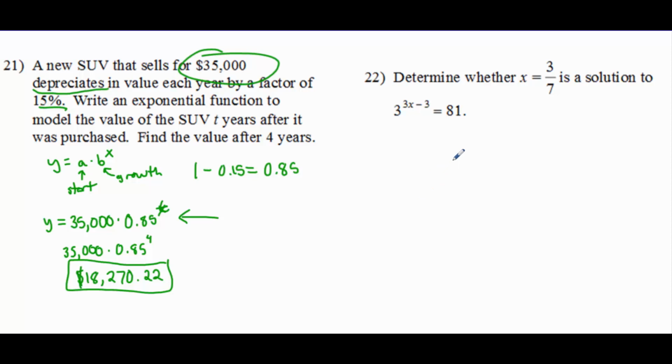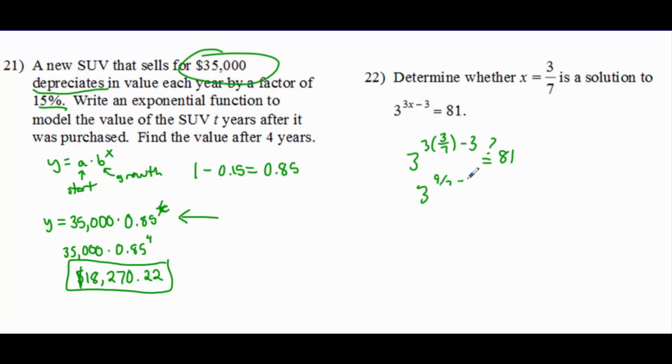22, determine whether x equals 3/7 is a solution to 3 to the 3x minus 3 equals 81. If it's a solution, then if I plug it in here on the left side, it should equal 81. And so hopefully pretty quickly, if you start working this out, either by putting it in your calculator or doing it in your head, you realize that's not going to happen.